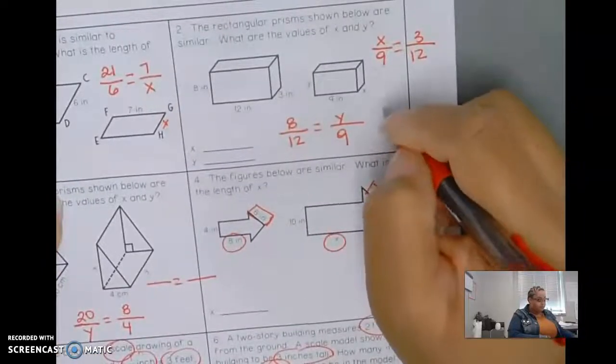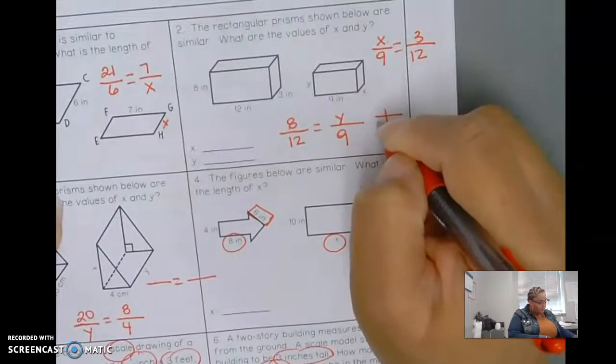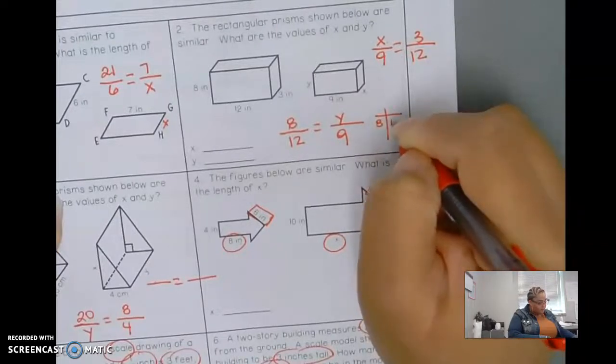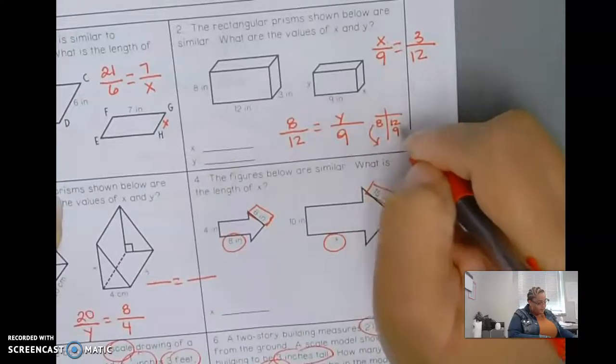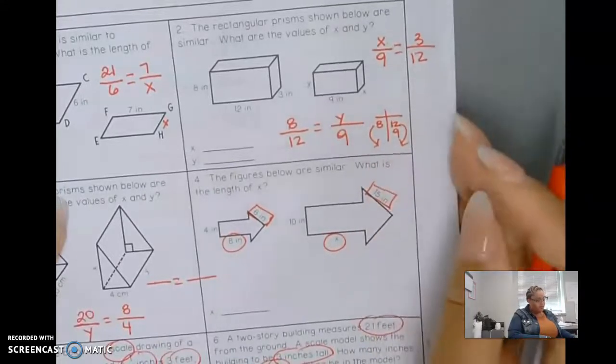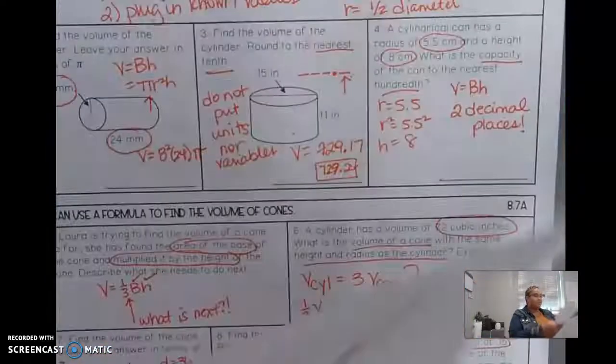All right, make ratio tables. Let me do an example of 21, 6, and 8 to 12.